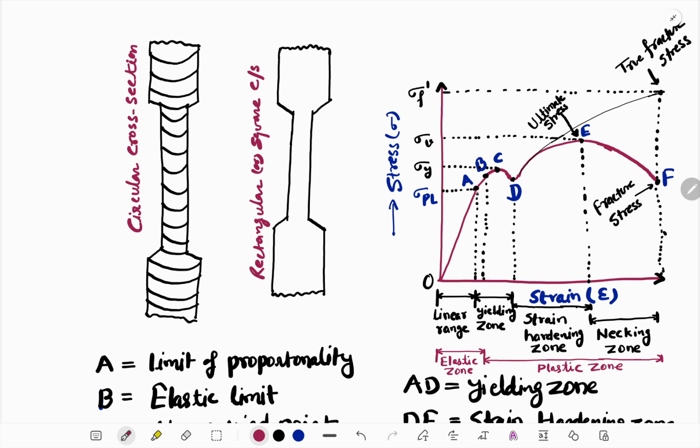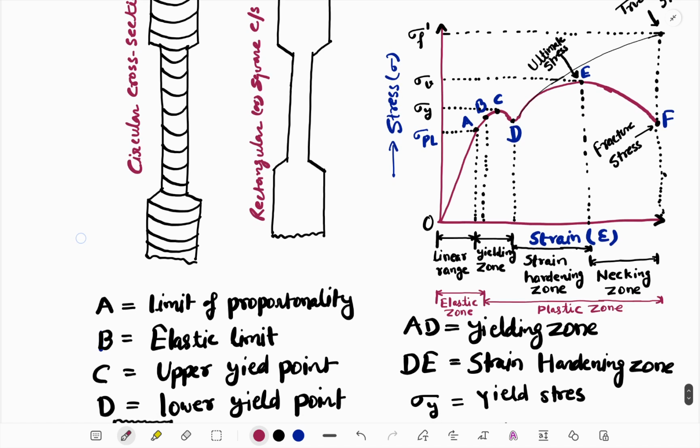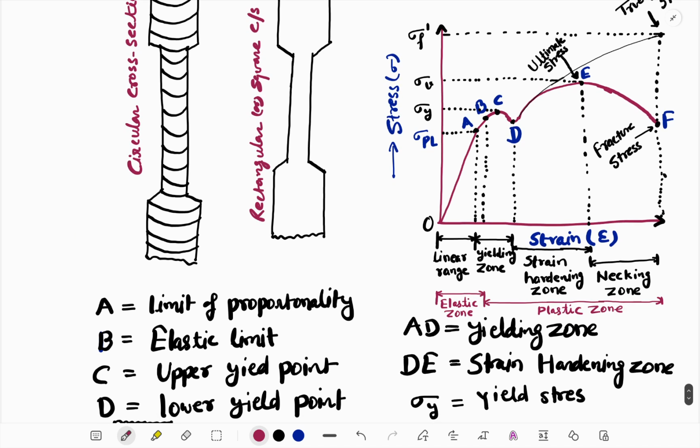Elastic limit means the material shape and size will recover after removal of load. So point A stress will be the stress at proportionality limit, then point B is the elastic limit. Then it goes to point C, which is called the upper yield point. The material started yielding from point A to B, the elastic limit, then the upper yield point.